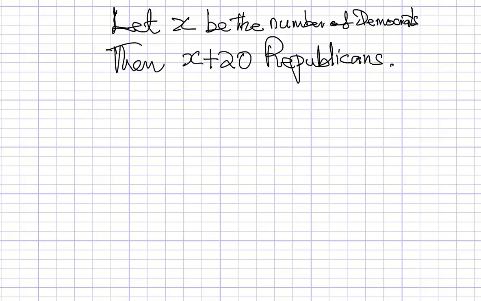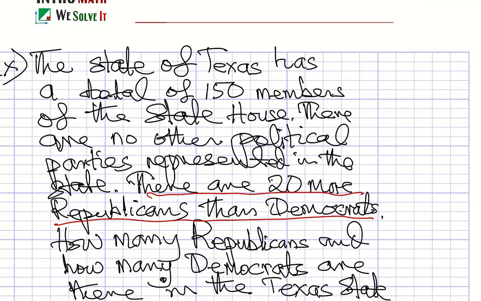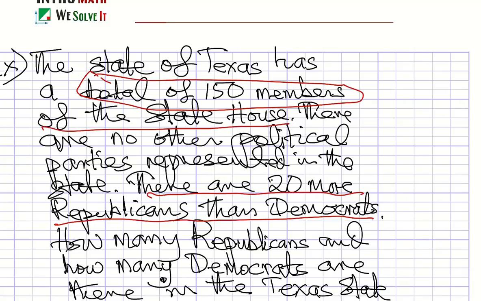All right. So then what we do? So then you are given the knowing. One more knowing we'll have is that the problem says there are, let me see, there are total, see, everything buried in a bunch of words. There are total number of the members of the state house. So the total number in the Texas State House is 150, right?